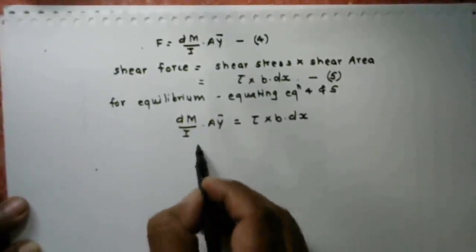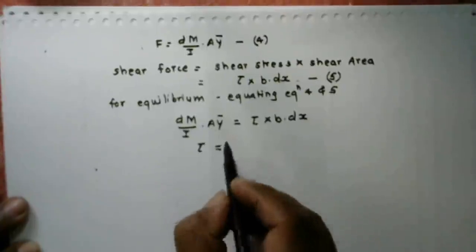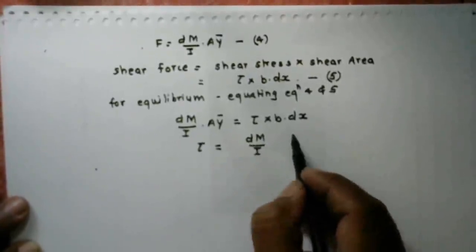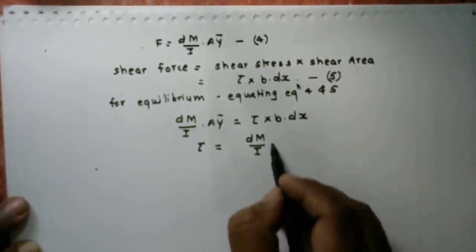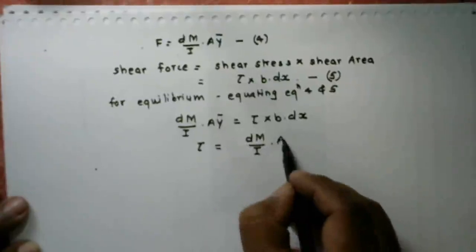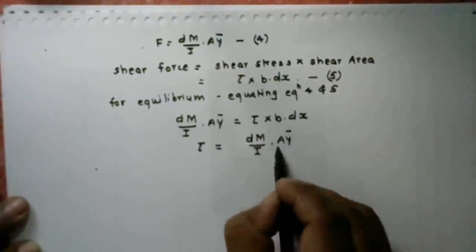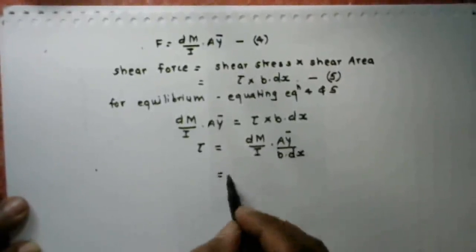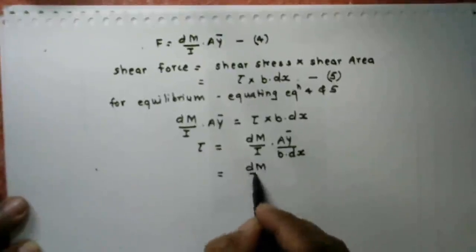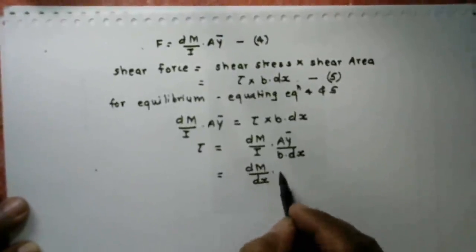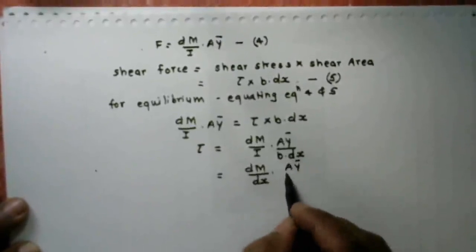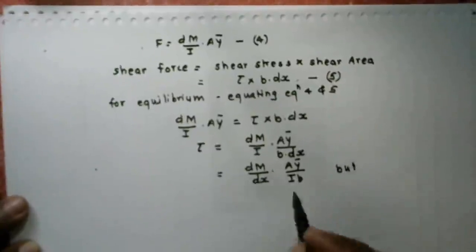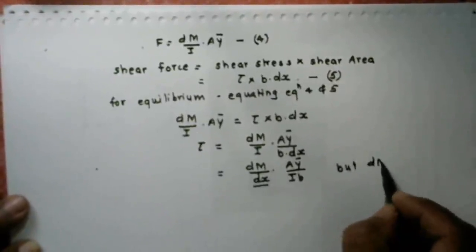Now we have to calculate the shear stress. Tau is equal to dM upon I into A y bar divided by B into dx.